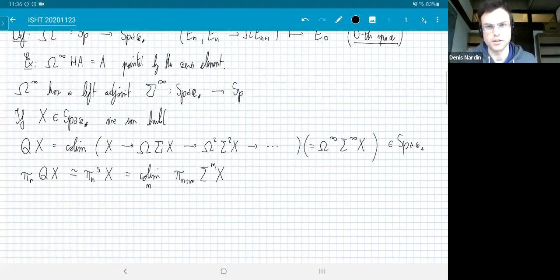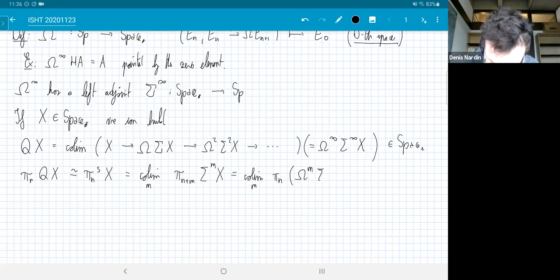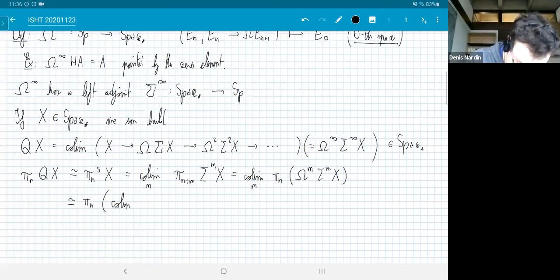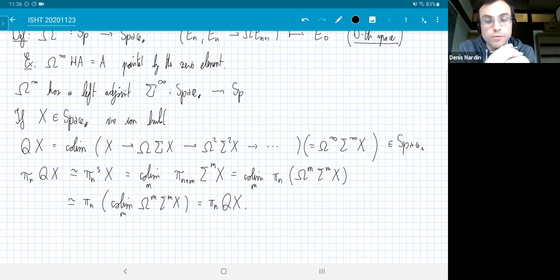Sorry, when X is any space, this colimit is constant after a while for every n, and the n you need gets bigger. But that's just the colimit over n of pi n of omega m sigma m. And then pi n commutes with filtered colimits, so this is exactly pi n of the colimit of this space. So this is a very classical object, and it's a space whose homotopy groups are the stable homotopy groups of X.